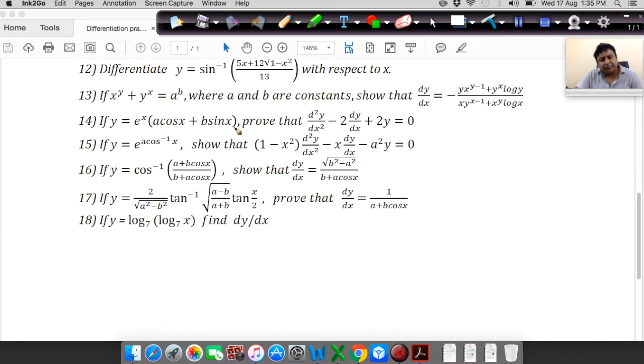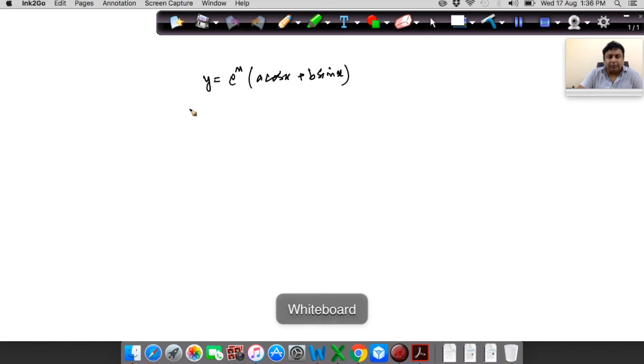that a cos x plus b sin x on second derivative repeats itself with a negative sign. Like if you differentiate sin x, it becomes cos x. You differentiate that again, you get minus sin x. And similar thing with cos also. So they come back with a negative sign, that is the hint here. And because of this reason, I'll take e to the power x to the other side.